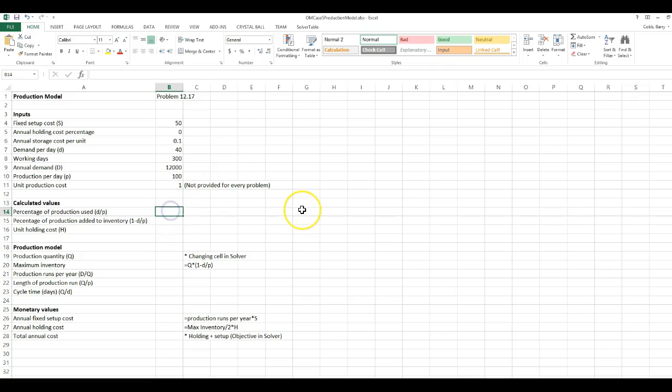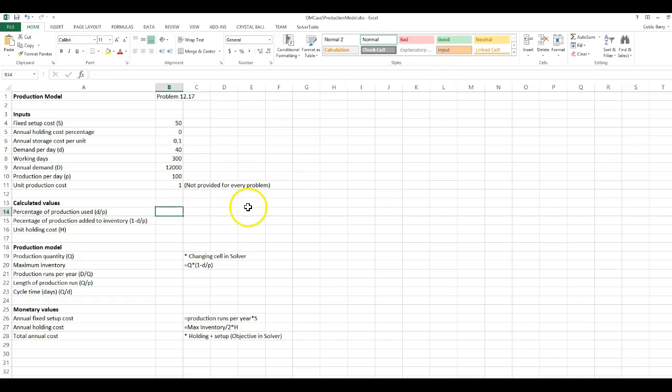In fact, what happens is if we look at our daily demand and our production, if we start the production line, we're going to make 100 units per day, but we're immediately going to use 40 of them to satisfy demand. The other 60 units will go into inventory.